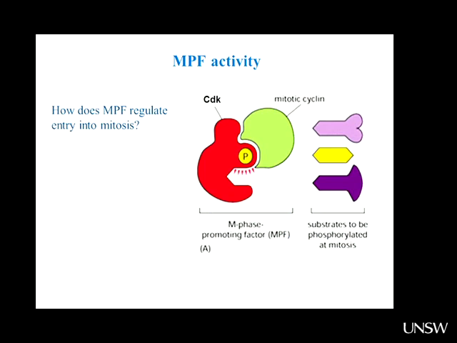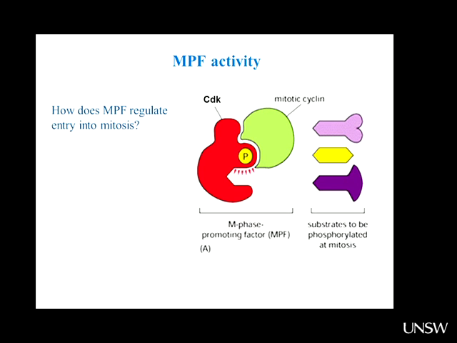Well, what it does is it specifically phosphorylates different substrate proteins that are responsible for the mitotic process. So what you have is, once this binds, it changes the conformational shape of the CDK so that it then can phosphorylate its key substrate targets.